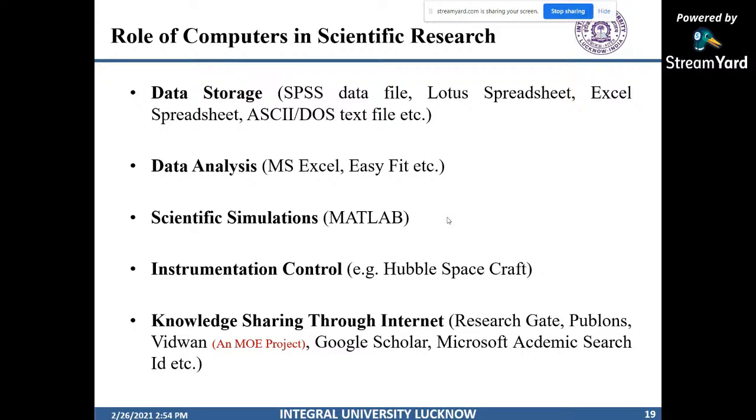Scientific simulations. You might be very familiar with this term, simulations. The engineering scholars might be very familiar with this.